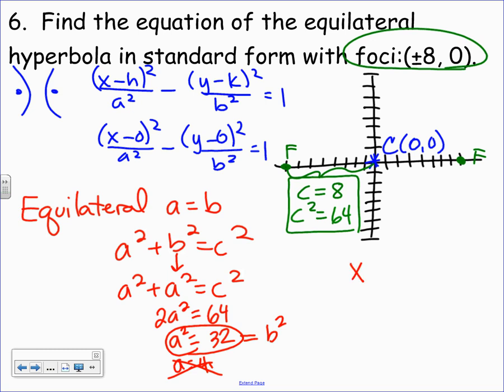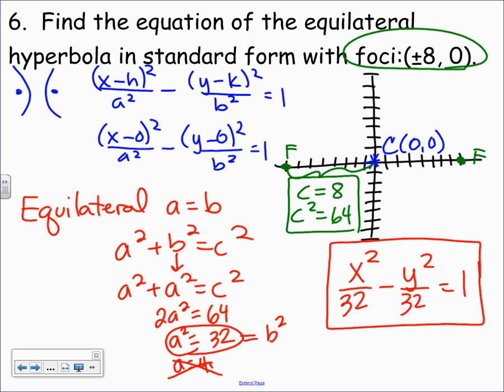I'm done. x squared over 32 minus y squared over 32 equals 1. If you're stuck, think about this as a system of equations. You know that a and b are the same number, and so I'm just going to substitute out b squared with a squared, and that's why I did it that way.